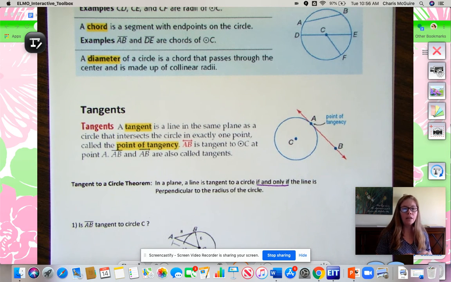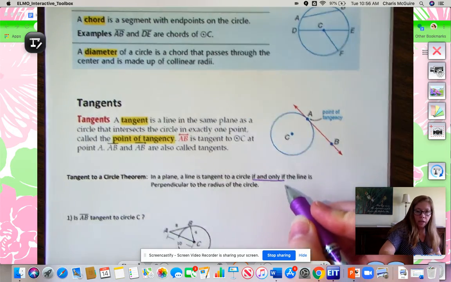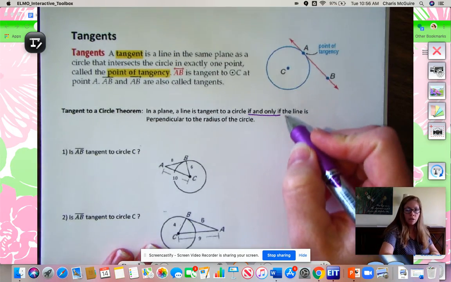So let's take it the first way. If a line is tangent to a circle, then it is perpendicular to the radius of the circle.